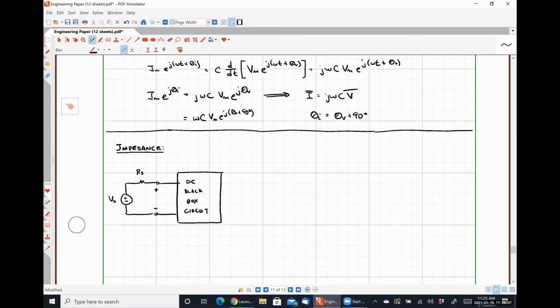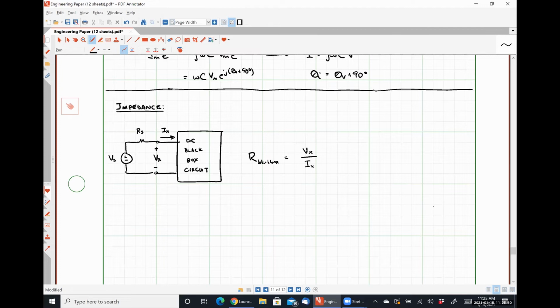We know that the resistance of the DC black box circuit is simply the voltage drop over the black box circuit under test divided by the current flowing into the black box circuit, right? So the resistance of the black box circuit is defined as Vx divided by Ix, which is just purely Ohm's law performed experimentally.